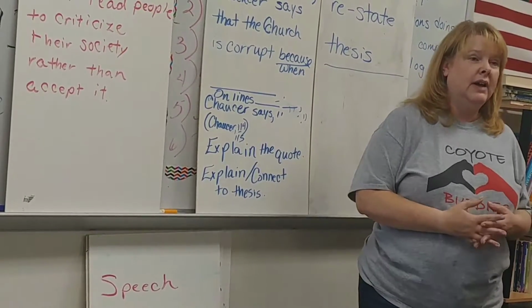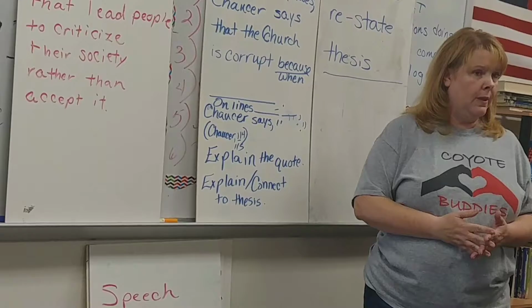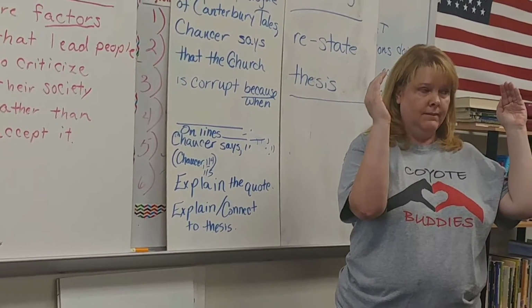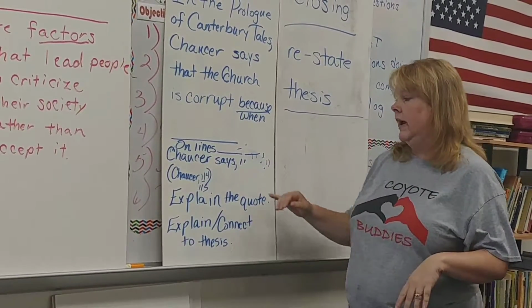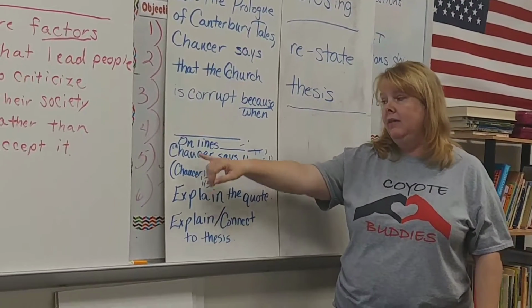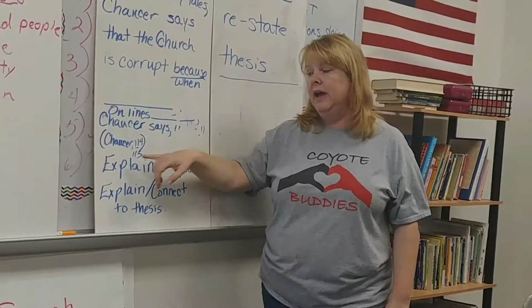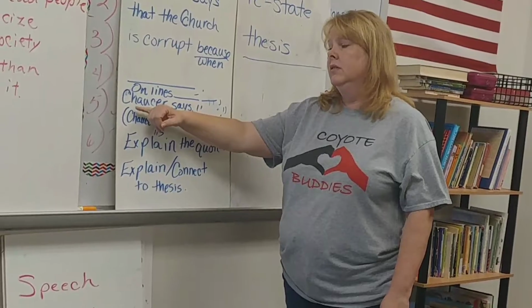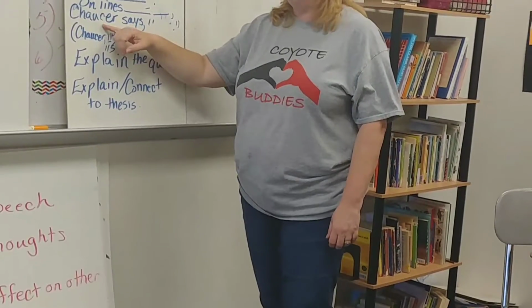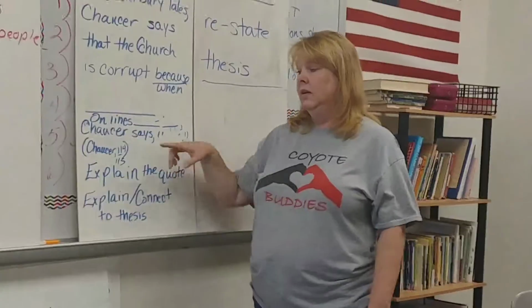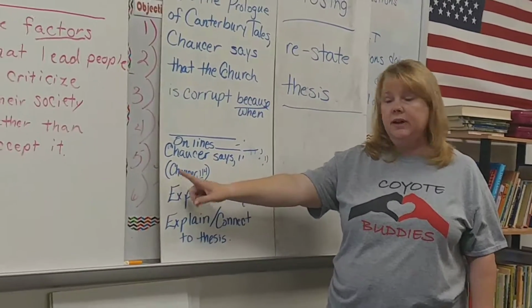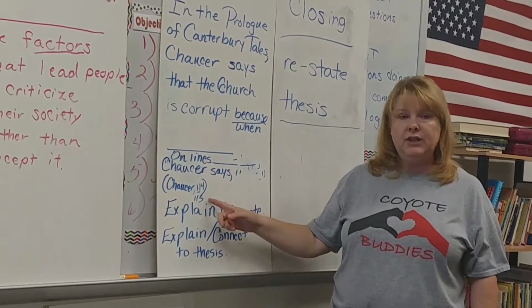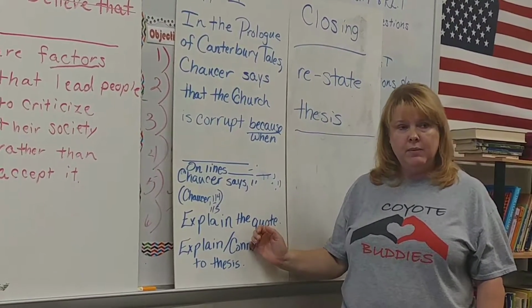What is another way to cite your information? Parentheses. Okay? So you could say on lines blank through blank, Chaucer says, and then, or you could say Chaucer says blank, and then at the end you're going to put in parentheses Chaucer and page number, parentheses. Okay?